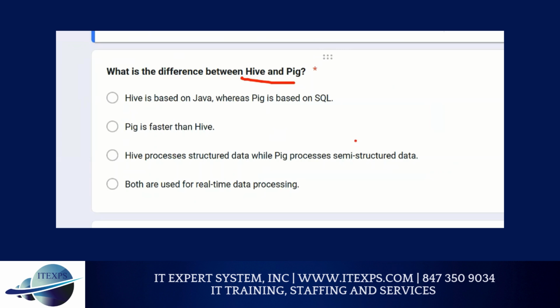I feel like it's not C or D. Okay, so Hive says it processes structured data while Pig is semi-structured. That maybe looks right to me. And this one, saying Hive is based on Java, doesn't make sense for Pig. That doesn't look right. Pig is faster than Hive, that's our opinion. So this seems right, because Hive is more about database structure. Do you agree? Table structure.